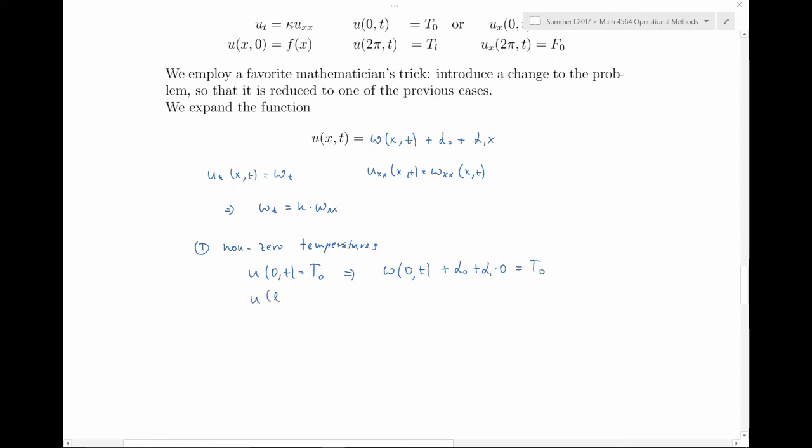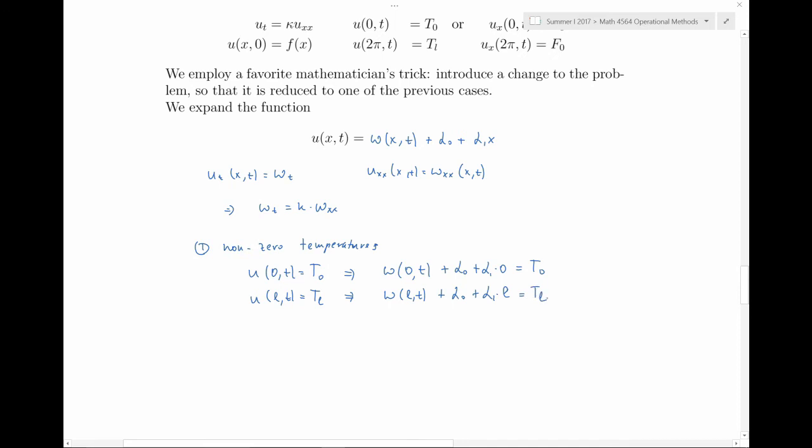And u of l,t, that should be T_l, meaning that w of l,t plus alpha naught plus alpha 1 times l, that should be T_l.